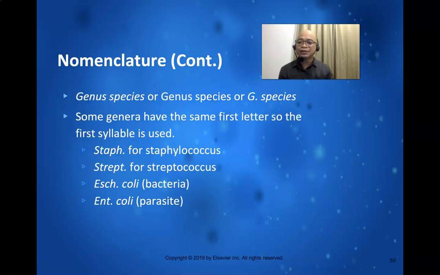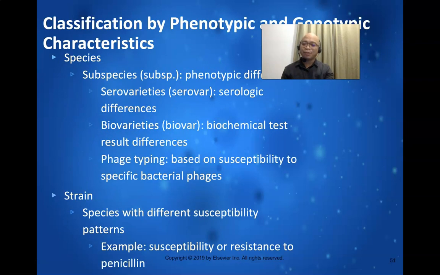The genus and species together make up the scientific name. Some genera have the same first letter, so the first syllable is used. For example, it's sometimes difficult with Staphylococcus or Streptococcus, or Escherichia coli or Entamoeba coli. That's why we really have to use the first syllable.